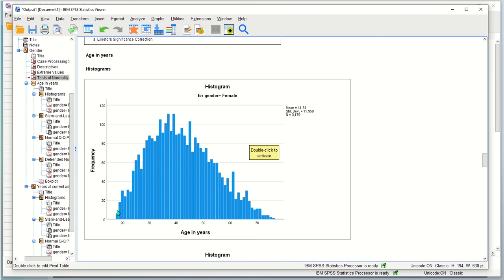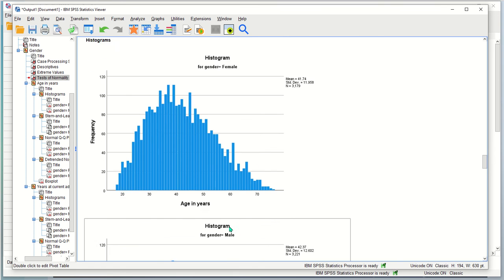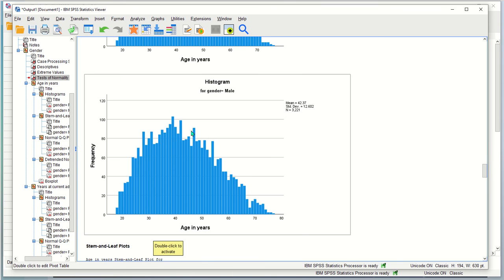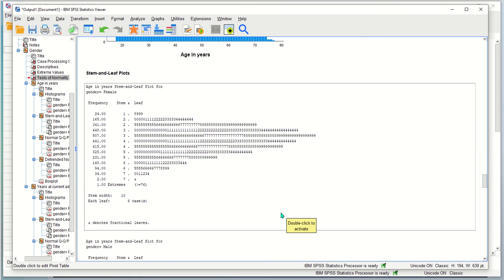And here we can see a histogram now, and you can see this bell curve for females, and it's looking a little better. It's a little skewed on the younger side, right? Same with males. And here are the stem and leaf plots. And now it's telling us that we have a few extreme outliers that are 76 years old.